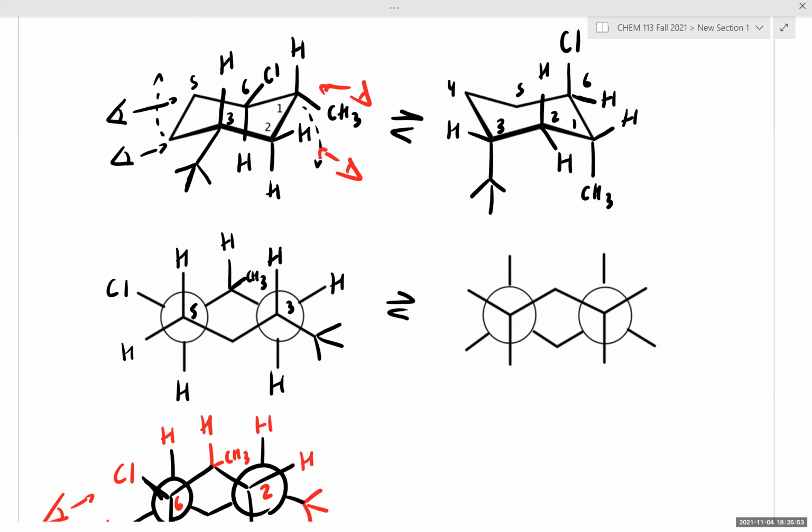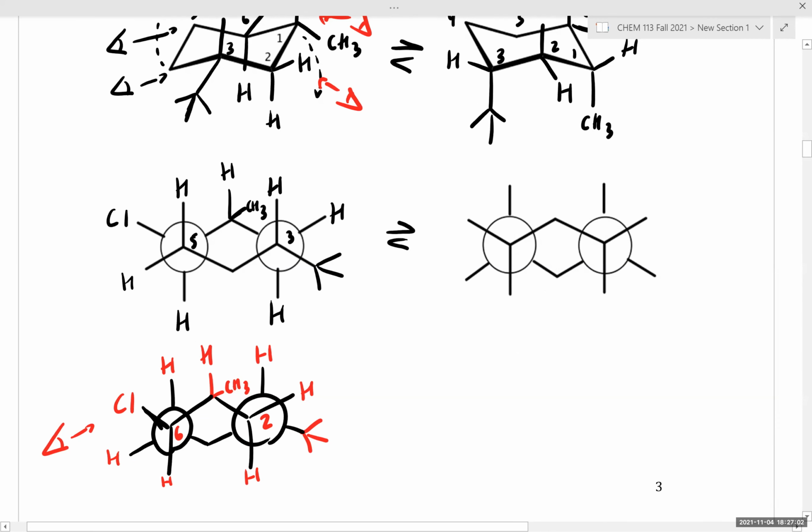The other is looking at it from the back, looking down carbon 2 and 6. So it's two views of the same molecule. And that in turn changes what substituents are in front in our view and what substituents are in back in our view.